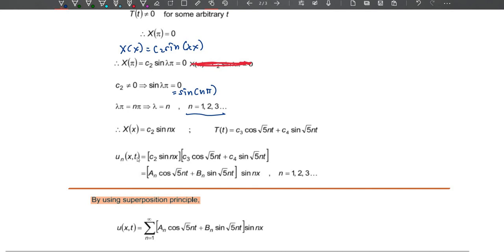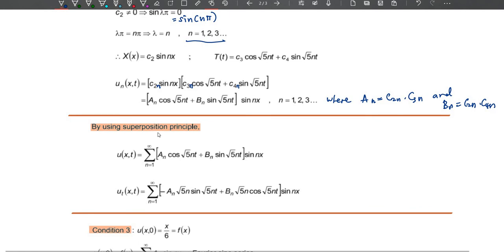That's why here it should be u_n(x,t). So it should be C2n sin(nx) times (C3n cos(√5 nt) plus C4n sin(√5 nt)), where a_n is equal to C2n times C3n and b_n is equal to C2n times C4n.